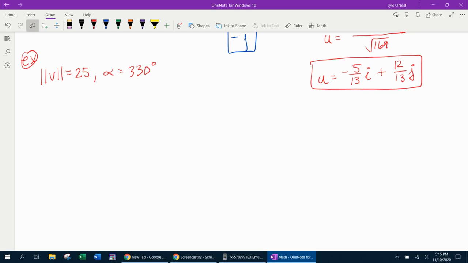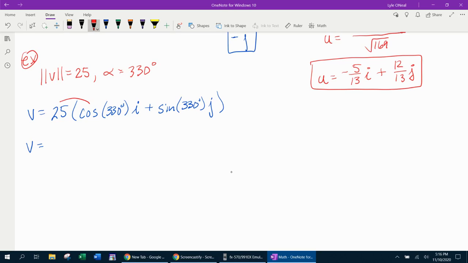And that means they want us to write the vector in standard form. So we're going to be using the M&D formula, which says we're going to take the magnitude times cosine of the direction angle i plus sine of the direction angle j.